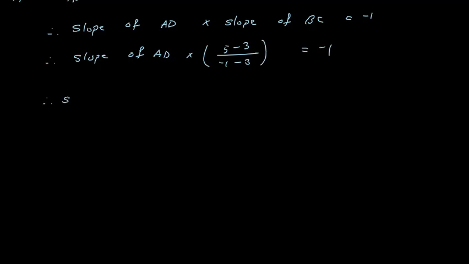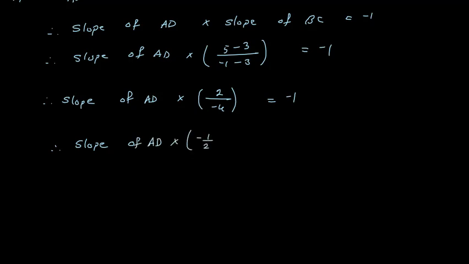So therefore slope of AD into 5 minus 3 is 2, minus 1 minus 3 is minus 4, it is equals to minus 1. So therefore we have slope of AD into minus 1 divided by 2 is equals to minus 1.